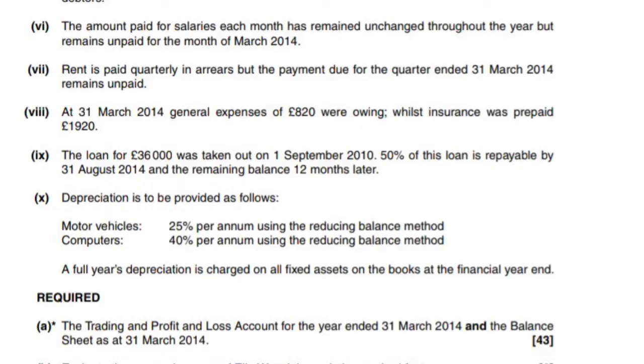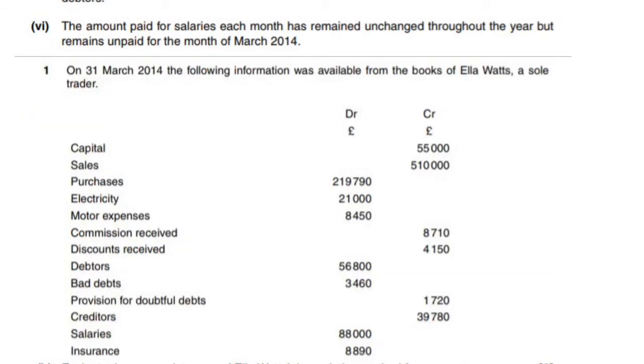The amount paid for salaries each month has remained unchanged throughout the year, but remains unpaid for the month of March 2014. So, if you look in your trial balance, salaries are amounting to 88,000. It represents the salaries that were actually paid.